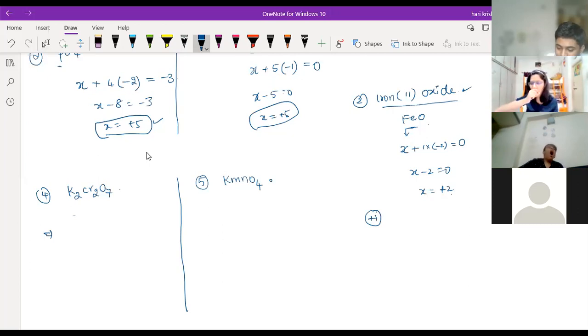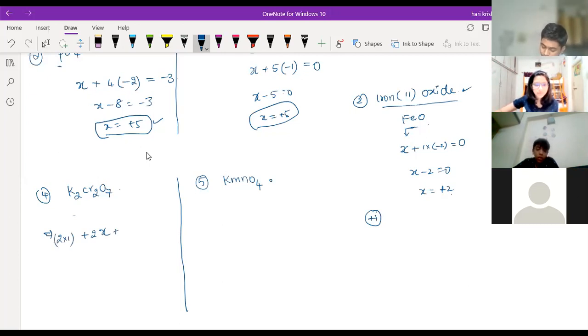Okay, listen carefully. For chromium, take it as an X. How many chromiums are there? 2x, 2 chromiums. Plus each potassium will show +1, so 2 into 1.